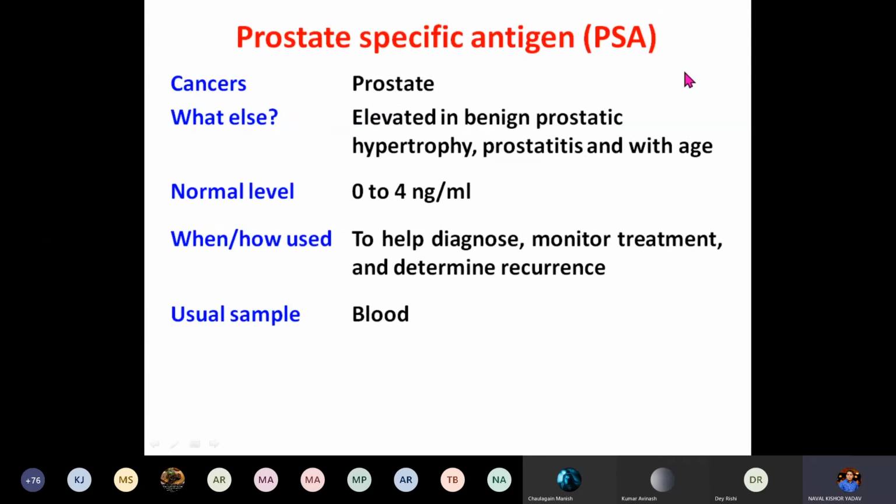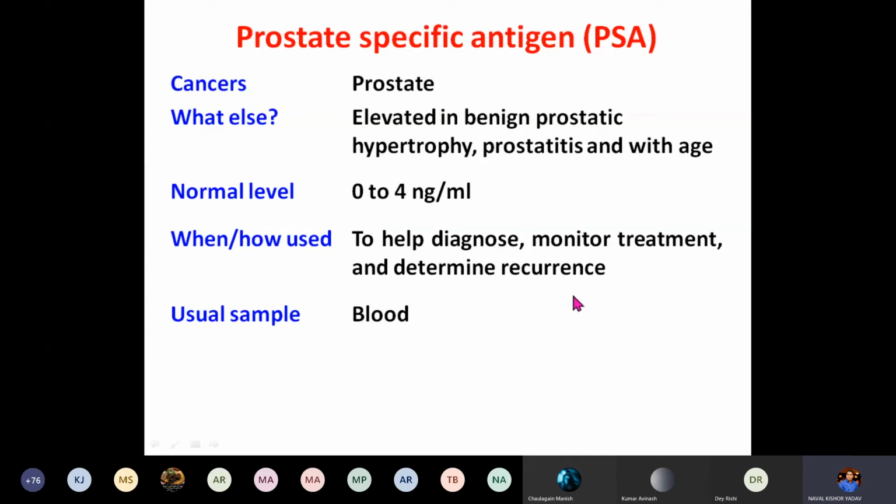Other is the prostate specific antigen, which is done for prostate cancer. It also increases in some other conditions, like benign prostatic hypertrophy, and the normal range is very low, 0 to 4 nanogram per ml. It helps to diagnose and monitor for the prognosis.